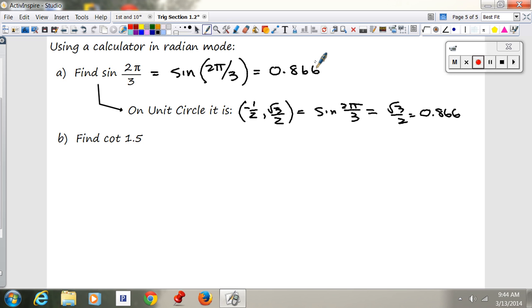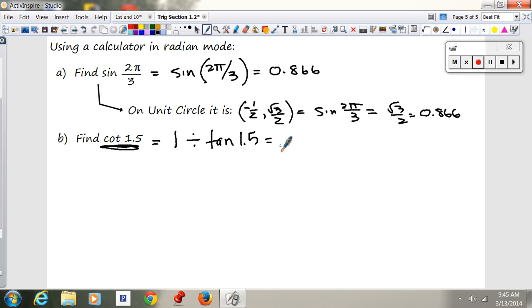Now, what about using a calculator to find cotangent? Because I don't see a cotangent button on our calculator. How do I get a cotangent to come out on there? What's the cotangent the reciprocal of? Tangent. So here's what I want you to do in your calculator. I want you to put in 1 divided by tangent of 1.5.